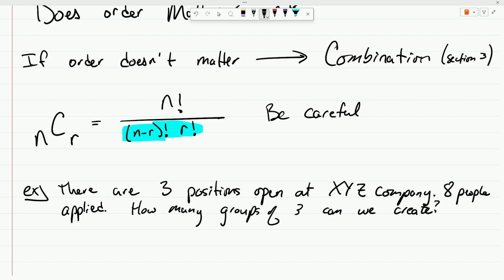So notice here, although the situation is the exact same in terms of the number of positions and the number of people applying, there is no order because the positions are all the same. Order doesn't matter here. So this would be a combination.